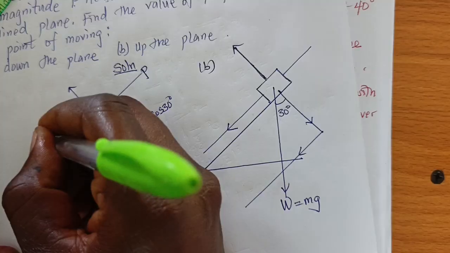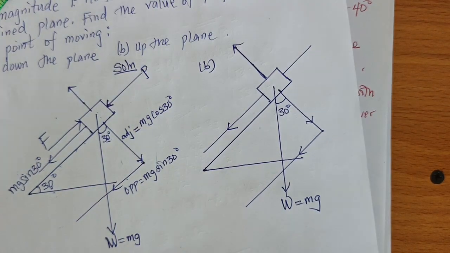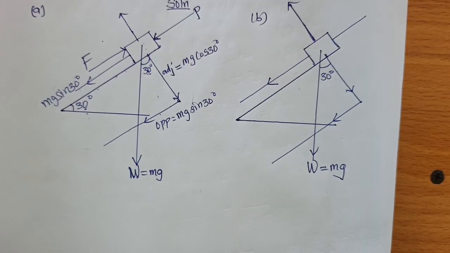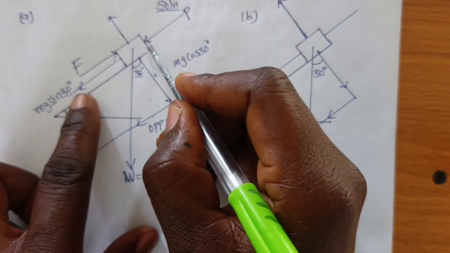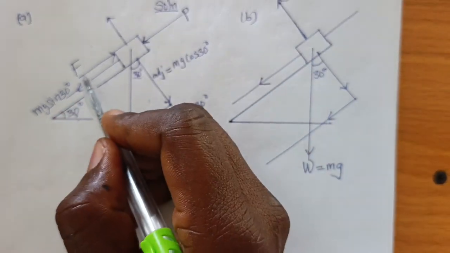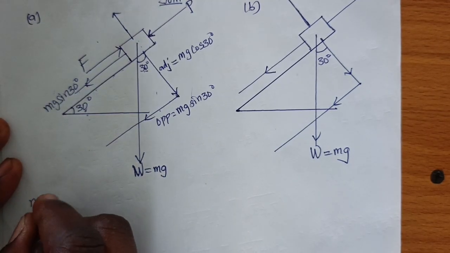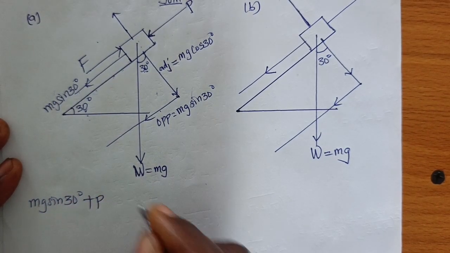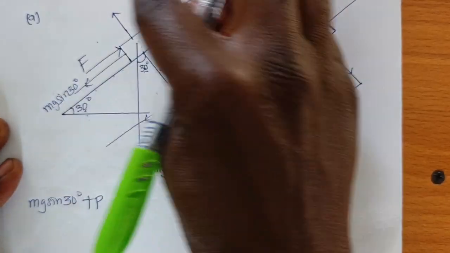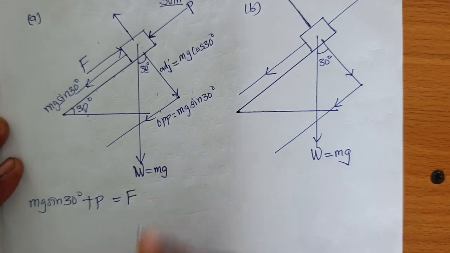Applying Newton's third law of motion, action and reaction are equal and opposite. Therefore the addition of these two forces acting in the same direction equals the frictional force. That is, mg sin 30 degrees plus P, because they are acting in the same direction as the body is at the point of moving down the plane, equals the frictional force.